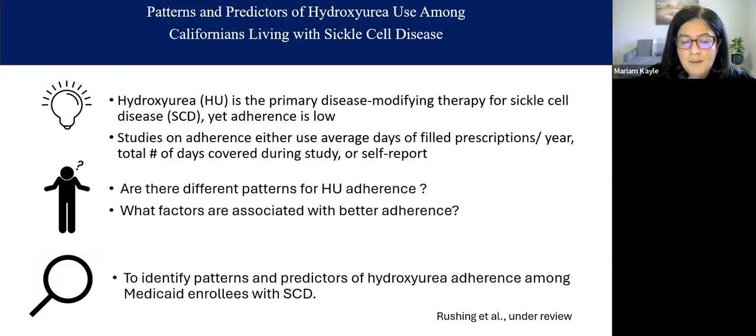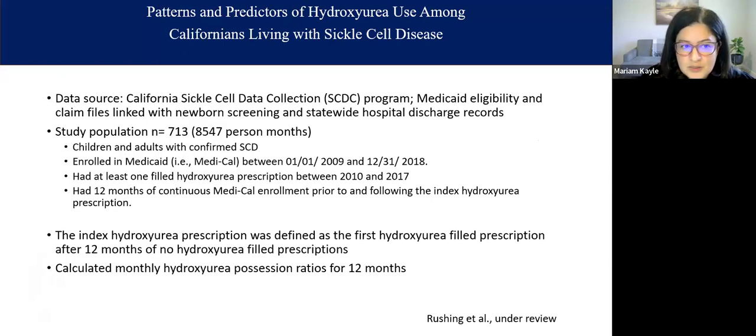She used data from the California Sickle Cell Data Collection Program, about 713 patients who were on Medicaid or enrolled in Medicaid during the time. Both pediatric and adult patients had at least one hydroxyurea prescription filled between 2010 and 2017.